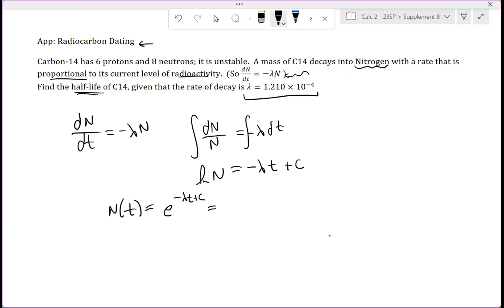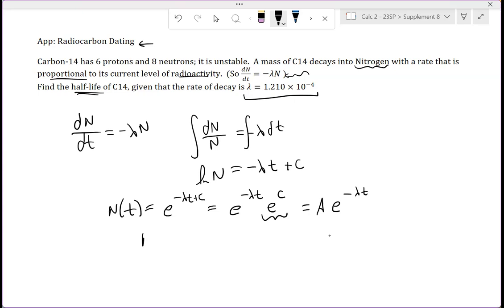equals e to the negative lambda t plus C. And I note on this right-hand side, that's e to the negative lambda t times e to the C. This is just some other positive arbitrary constant. So let's just call it A e to the negative lambda t. Okay.